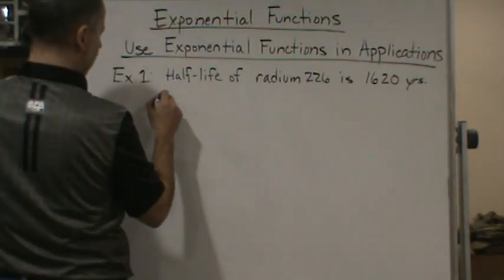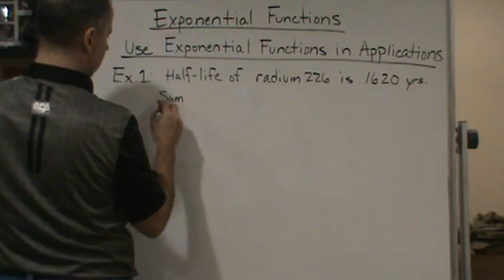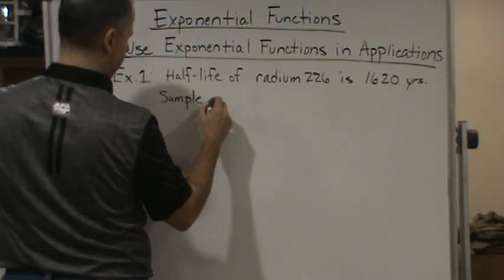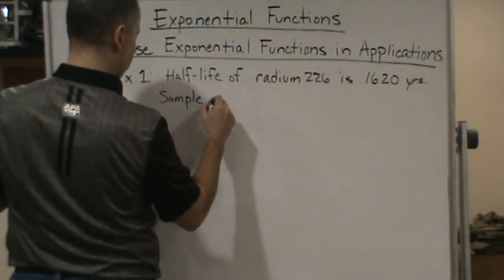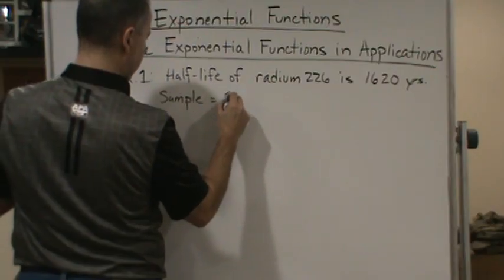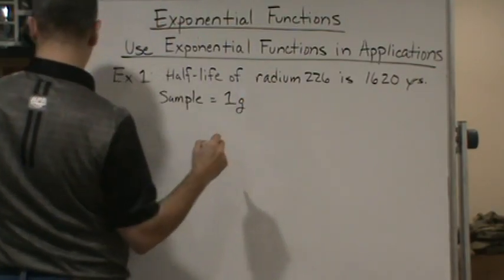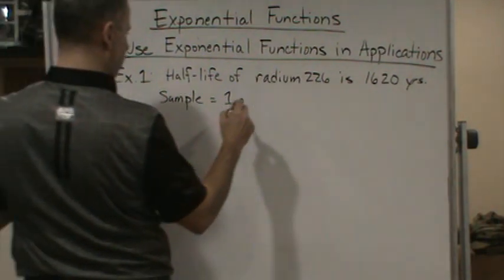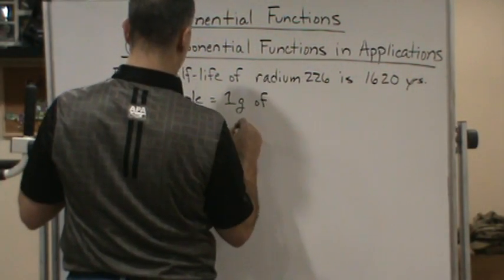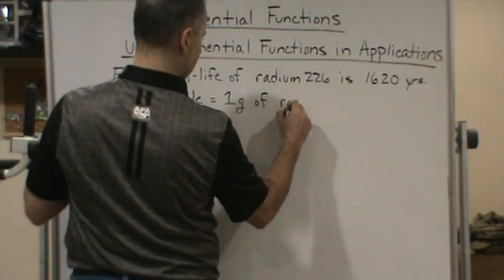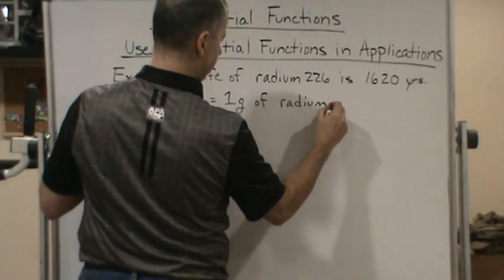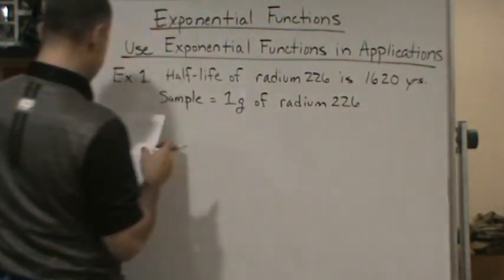So we're looking at a sample, right? 1 gram. So a sample contains 1 gram of radium-226.